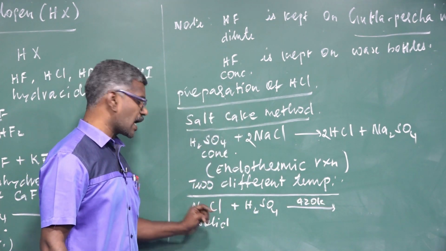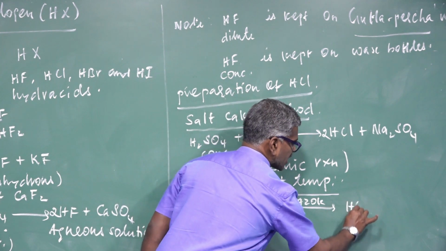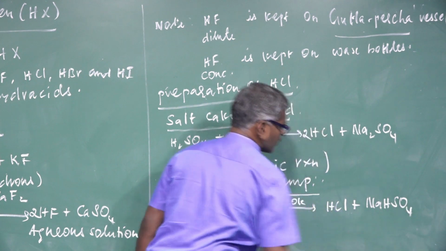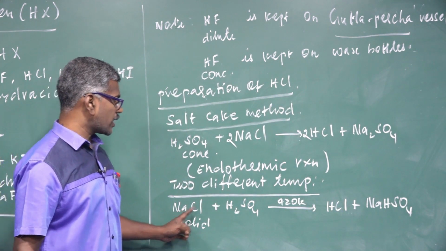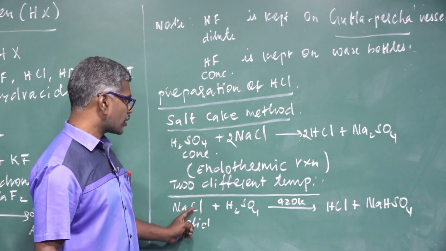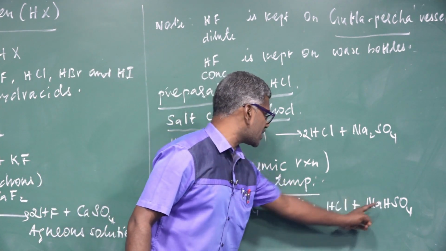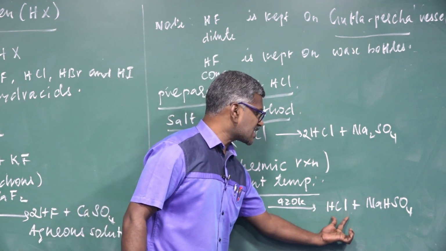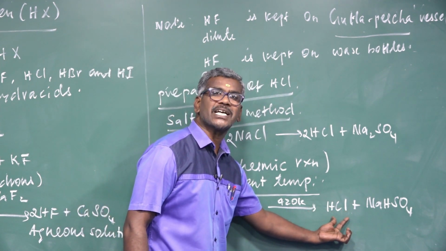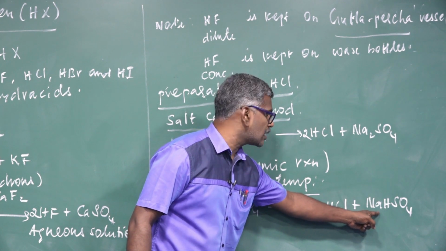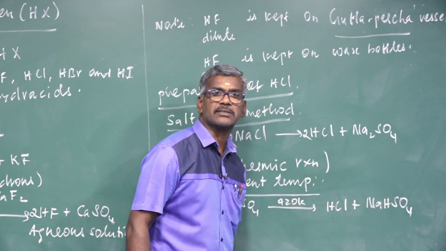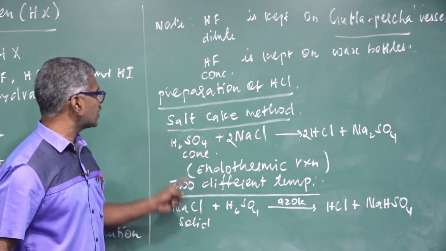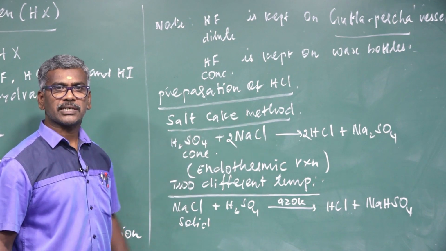Here, hydrogen reacts with chlorine to form HCl plus sodium bisulfate. Balance the equation: 1 sodium, 1 chlorine, 2 hydrogen, here 2 hydrogen. Here HCl is coated with insoluble sodium bisulfate. This prevents further reaction. This method is known as the salt cake method.